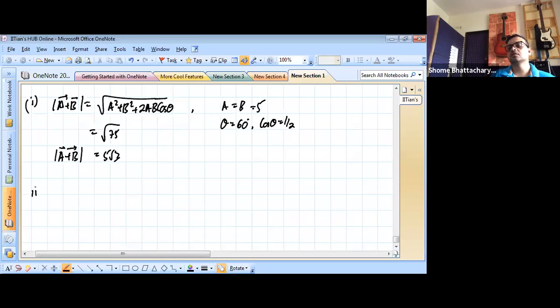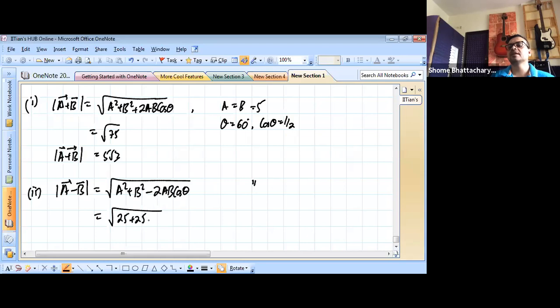For the second part, use the formula root of A square plus B square minus 2AB cos theta. If I use the same values as above, you'll get this as root of 25 plus 25 minus 25, so we get that as 5. So in this particular case, mod A plus B is 5 root 3 and mod A minus B is 5.